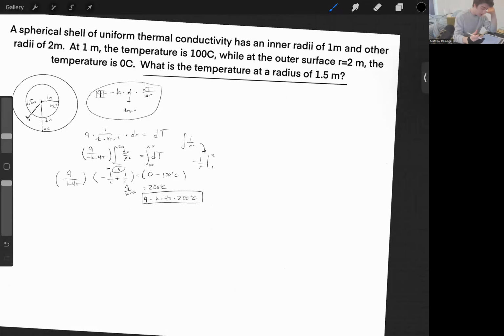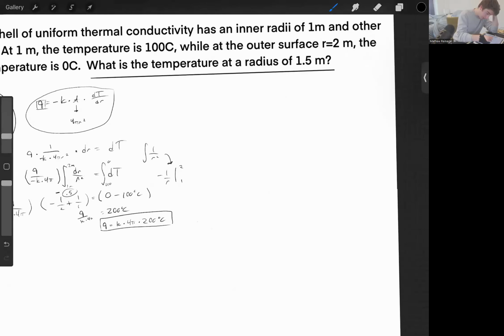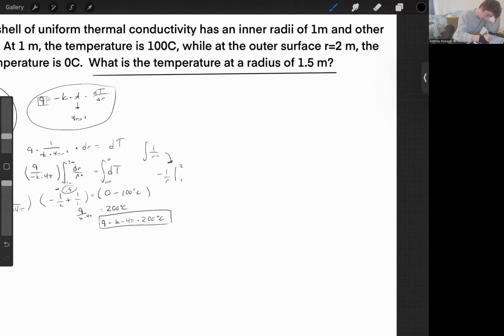So if we try plugging in the equation like how we did for the previous one, we're going to get something like this. I'm not doing anything different. I'm just repeating the steps that we did for the previous solution of 1 to 2 meters. This is the same separable equation.